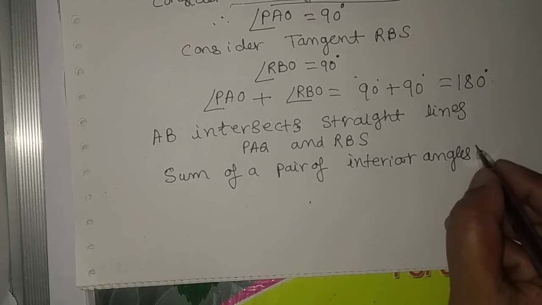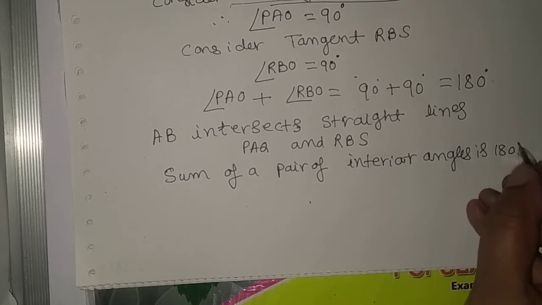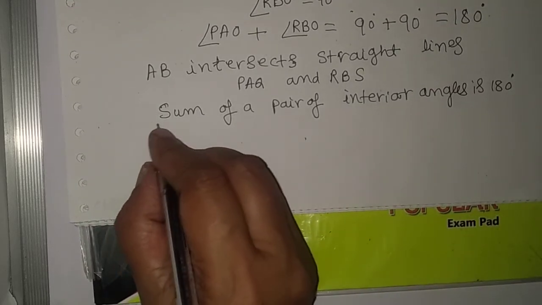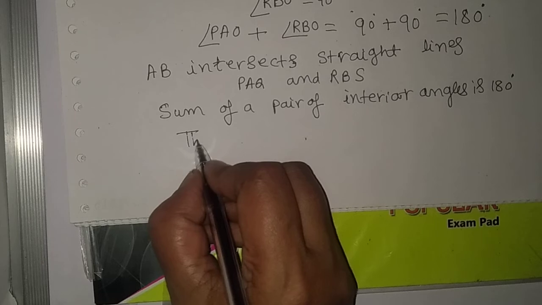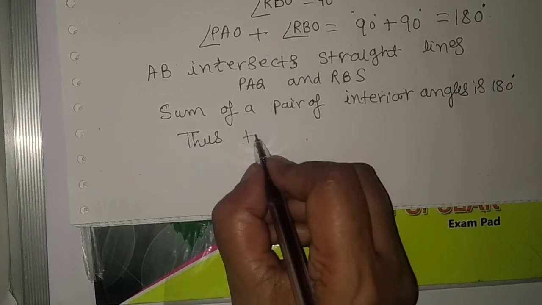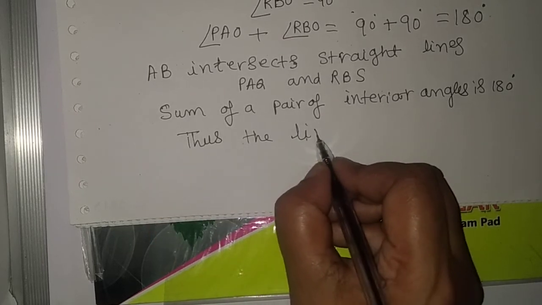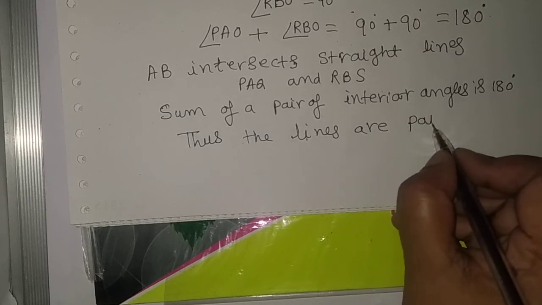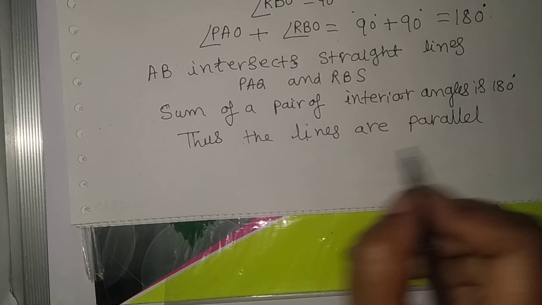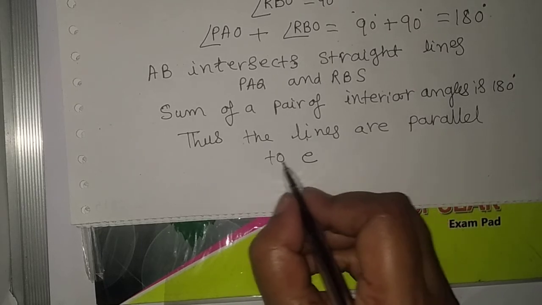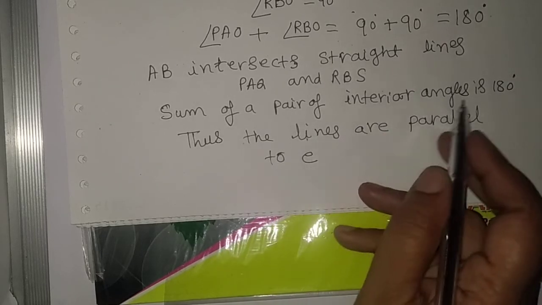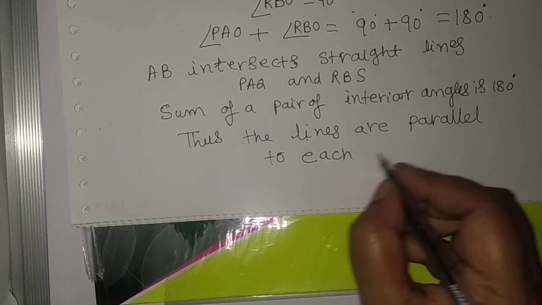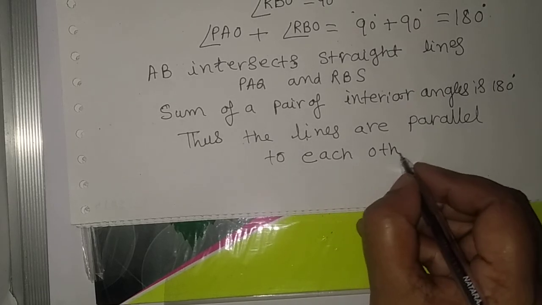Sum of pair of interior angles is 180 degrees. Therefore, thus we can write the lines are parallel to each other. So we got the sum of the interior angles as 180 degrees and the lines are parallel to each other.